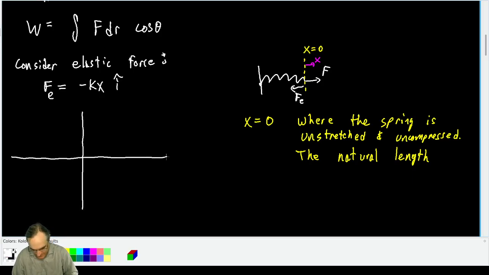This ends up looking something like Fe on the y-axis, x on the x-axis, and we get something that goes through the middle looking, well, like a straight line. Now that's an ideal spring.